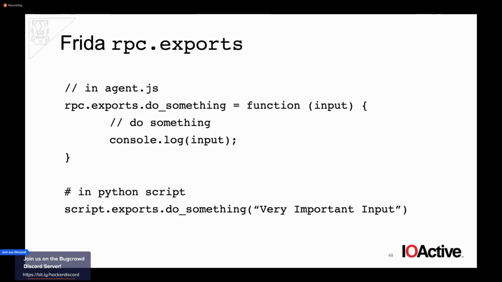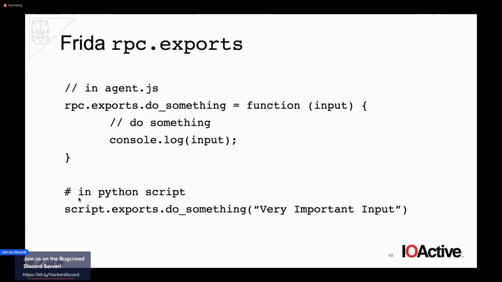But what if you want to call some specific functionality from your client script that resides in the JavaScript that's injected in your device? For this, Frida provides rpc.exports. In my JavaScript, if there's some functionality that I want to expose to my client, I can use rpc.exports, define a function name, and set my function definition to that.